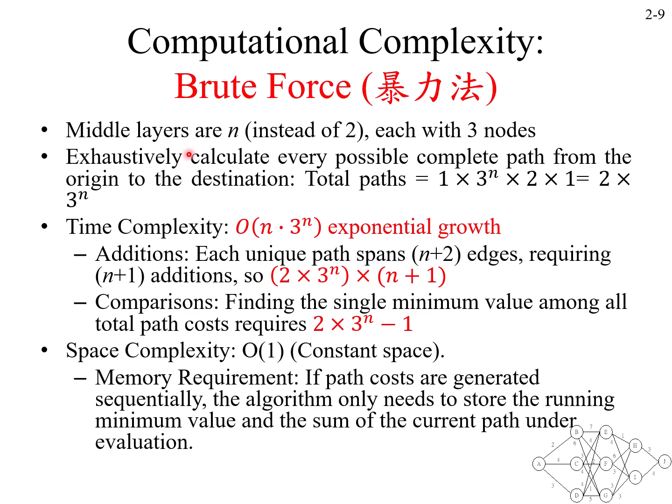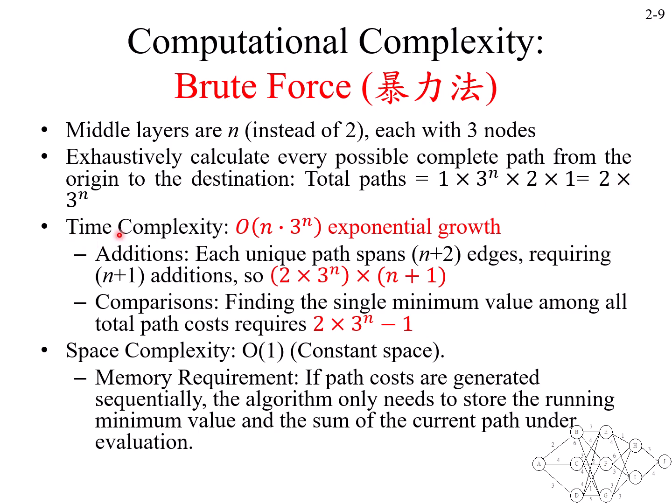Assume we have n middle layers, each with 3 nodes. Initially we have one path, and for each stage there are 3 choices. So it's 3 to the power of n, and the second to the end is 2, and finally it's 1. So this is the number of paths we have.